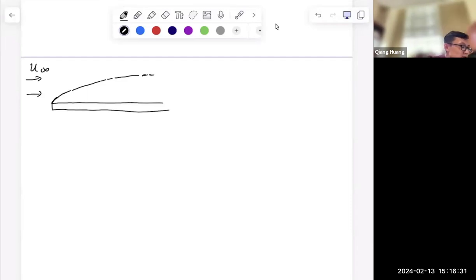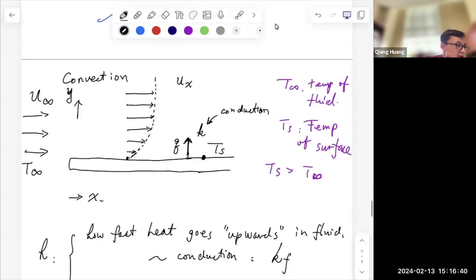However, as the water goes across the surface, this so-called boundary layer develops. And by the way, I forgot to mention this range. This range in the y direction is where the velocity develops from 0 to the bulk.